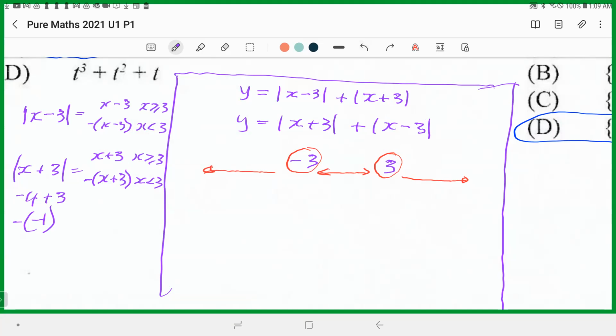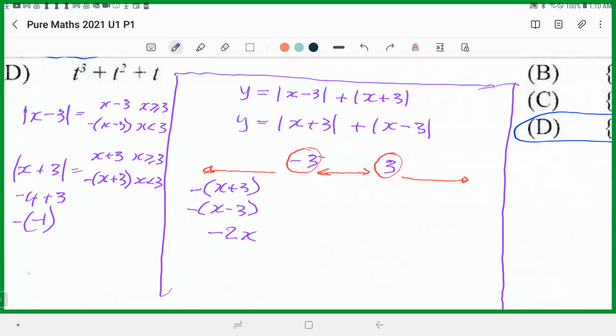They add to negative x plus 3 and negative x minus 3 over to the left side of negative 3. What does that work out to? That works out to negative 2x. So on the left of negative 3, the graph is negative 2x.